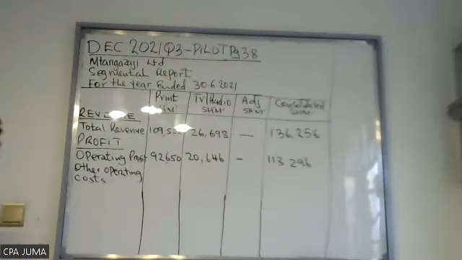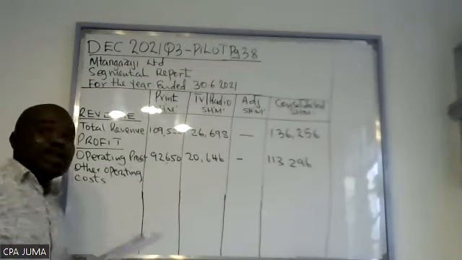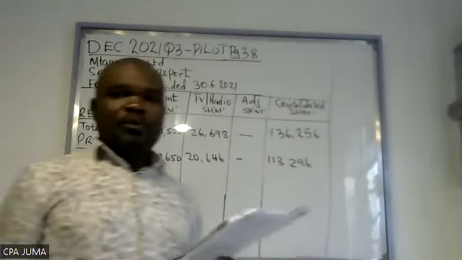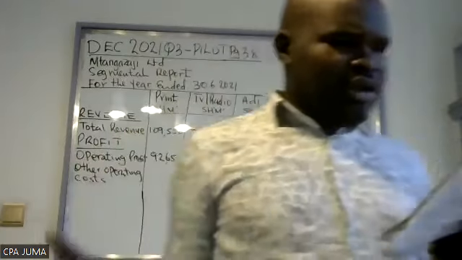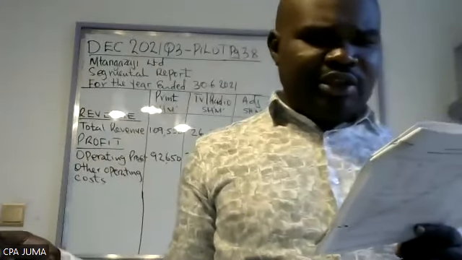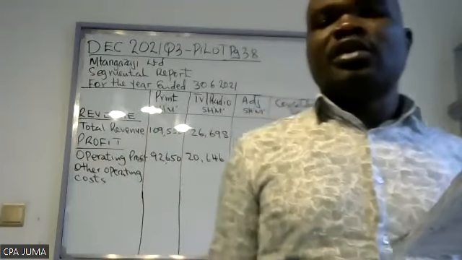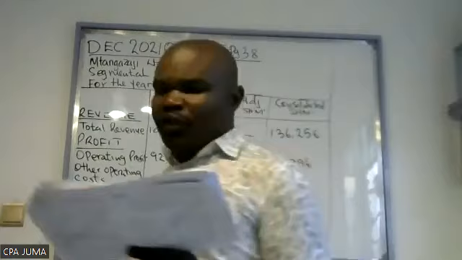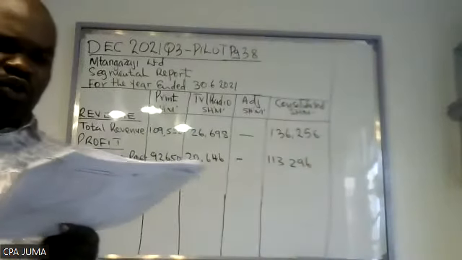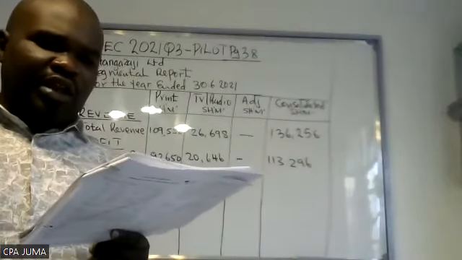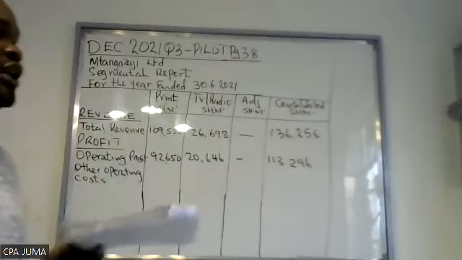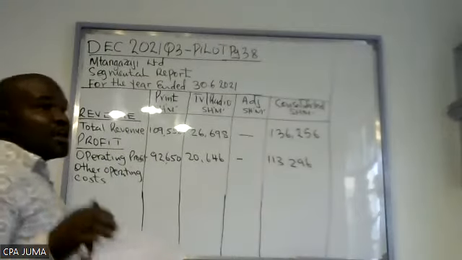Thank you. Other operating costs. Check how it has been arranged in the question. Check it keenly, please. Other operating costs, we have print, TV, then there is unallocated. There are three. So in that case, it means there are two kinds.